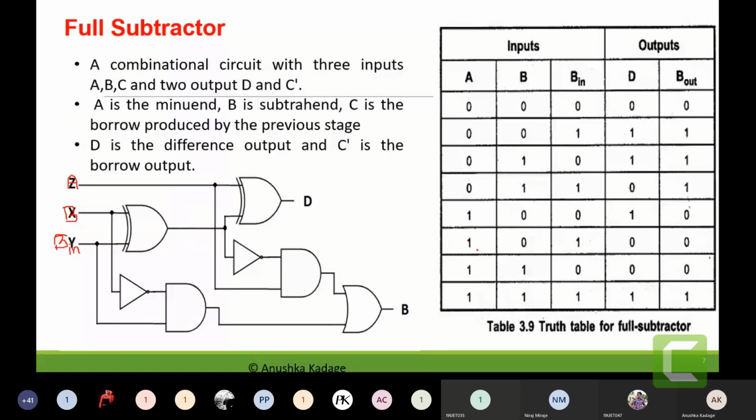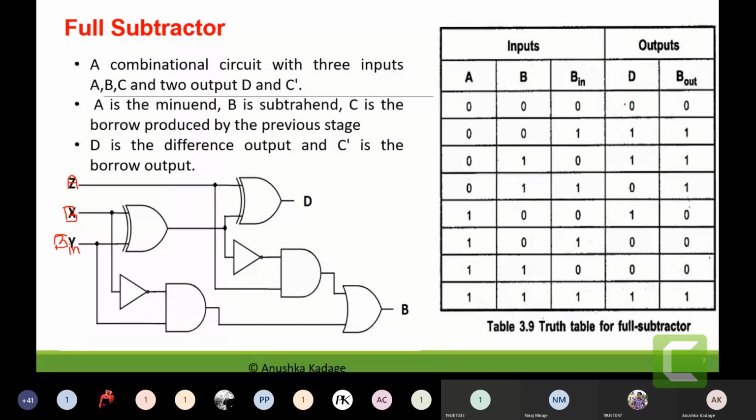Result is difference of 1 with borrow 0. Only borrow we will carry forward for this borrow out. But from the difference of 1 from these two bits, the other value of B in of 1 is to be subtracted. So the result is 0. In this way, for the next two combinations also, the difference and borrow out will get generated.